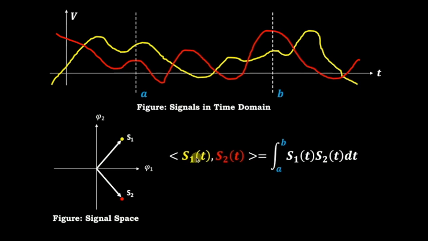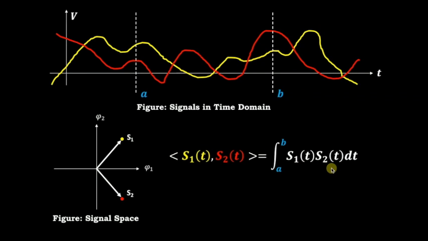This notation represents the dot product between your signal S1 of t and your signal S2 of t. It is represented as the integral over your given interval a and b of the product of S1 of t, S2 of t, dt.